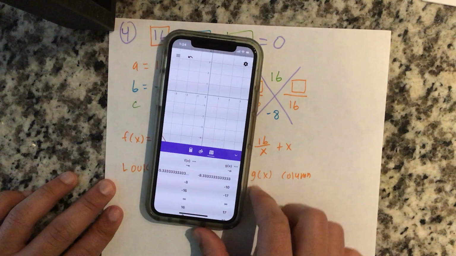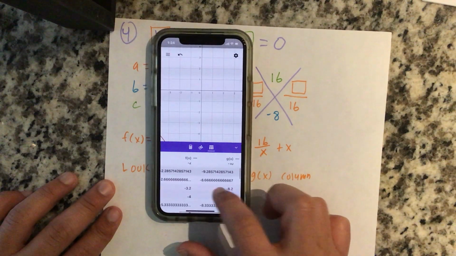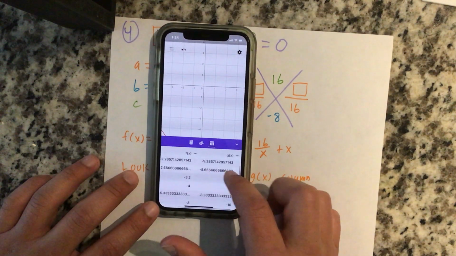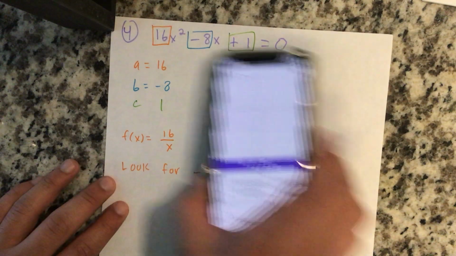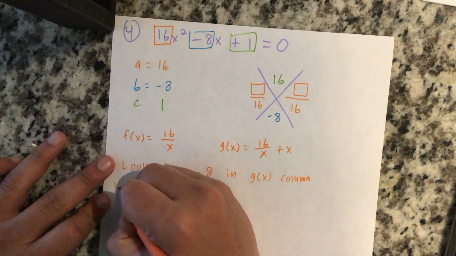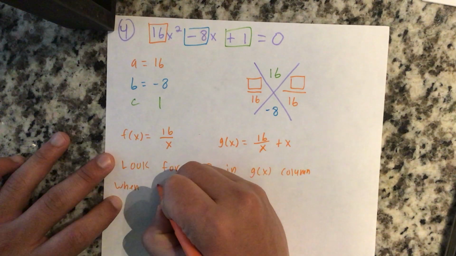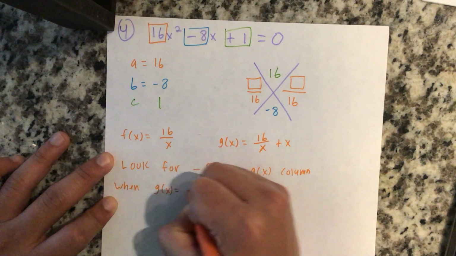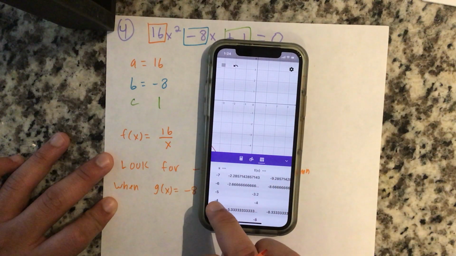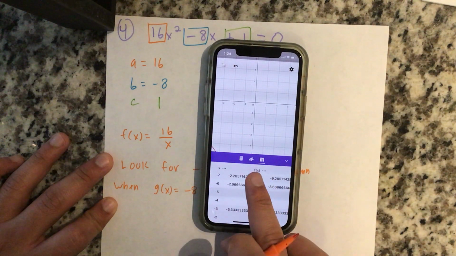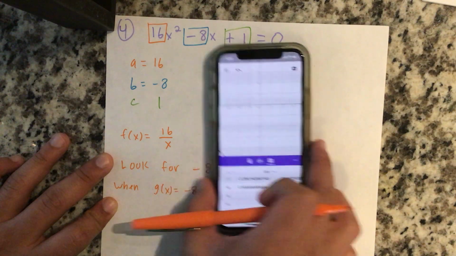Oh, it's right there. Negative 8, right? Negative 8's right there. So let me slide over, okay? So when g of x equals negative 8, x equals negative 4, and f of x equals negative 4.